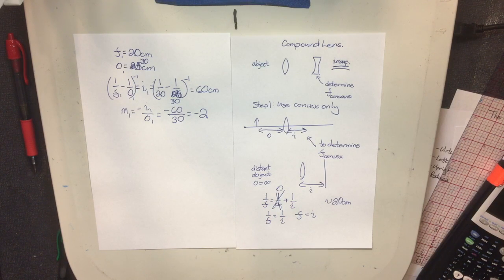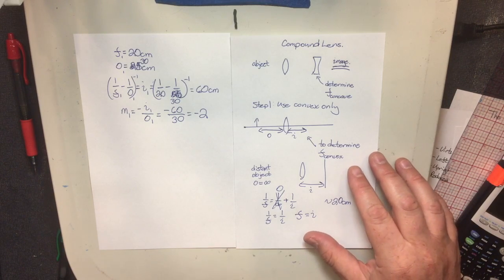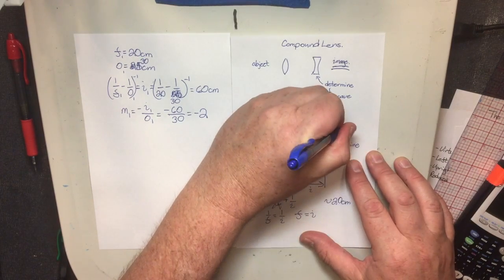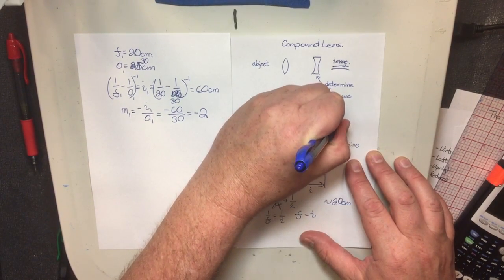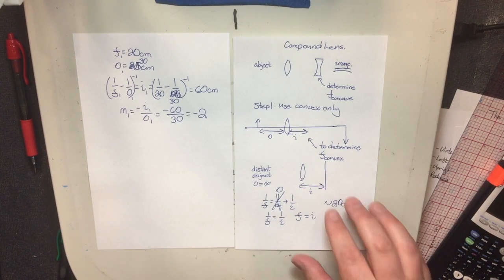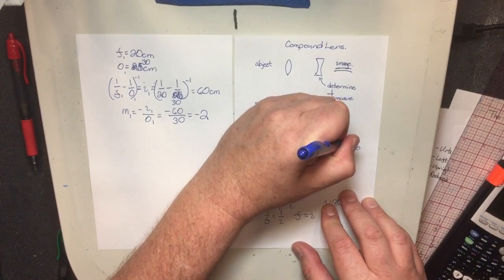It's been enlarged and inverted. So let's just approximate where this image is going to be. If that object distance is 30, then the image distance is going to be down there, and this is I1.